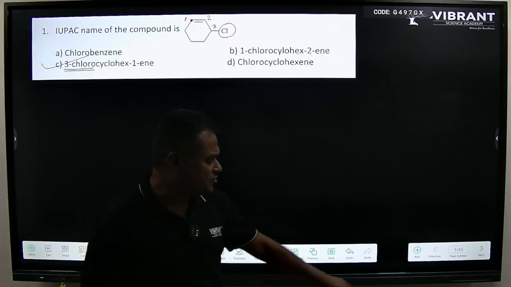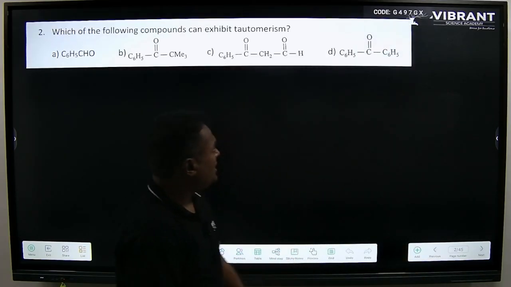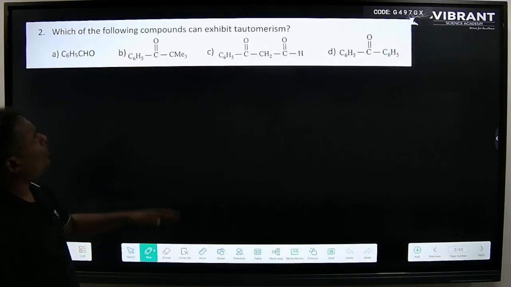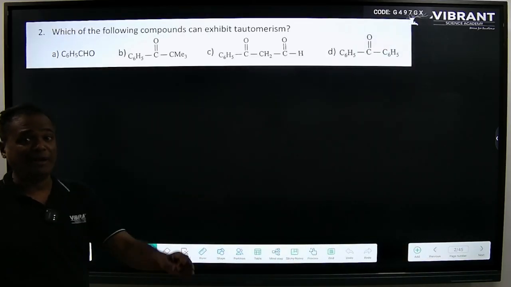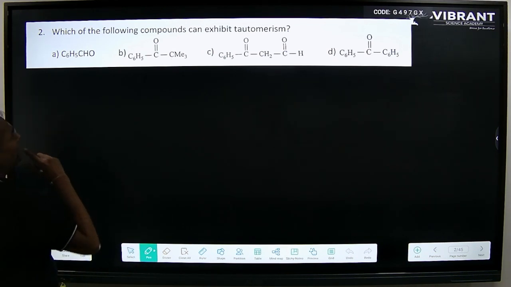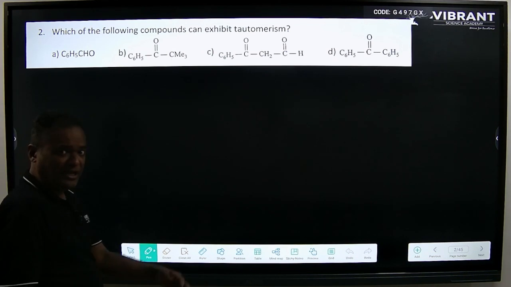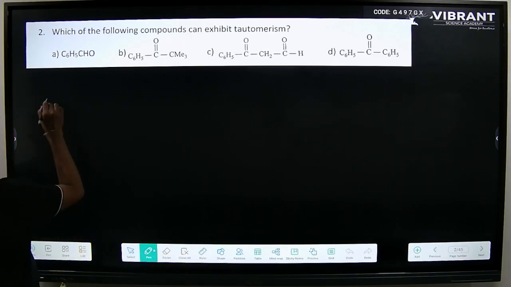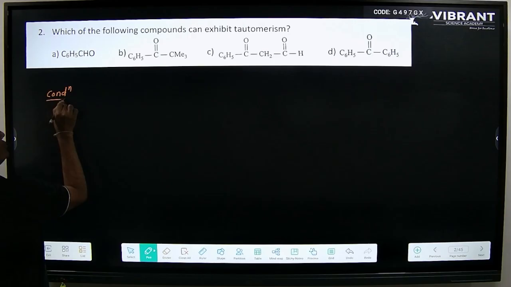I hope this is clear, child. Let's proceed with the next question. On the screen the next question is: which of the following compounds can exhibit tautomerism? Now, child, what is tautomerism? You have one concept in 11th standard where you should know the conditions for a molecule to show tautomerism.